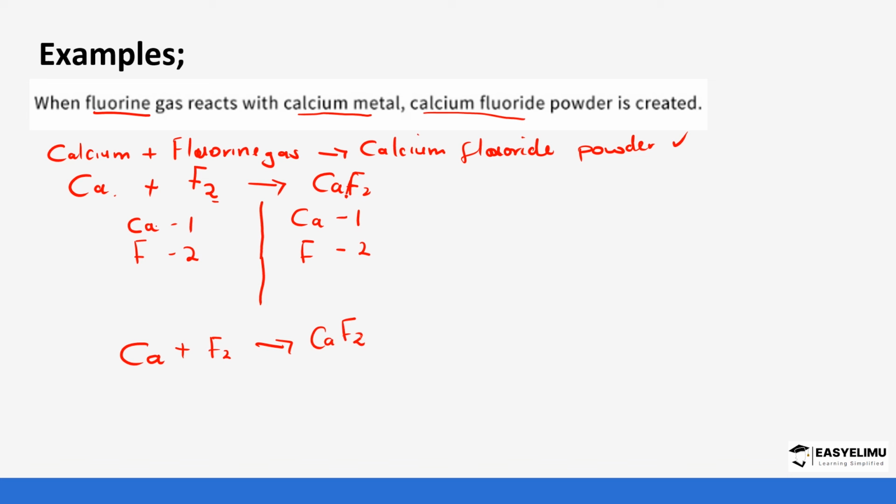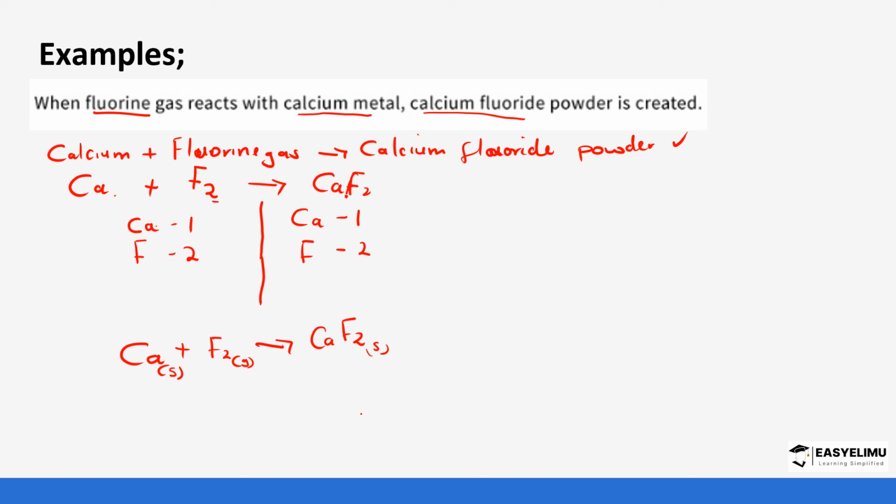But remember, this equation is not complete until it has the state symbols. So we input the state symbols. For calcium, we have been told it's calcium metal. Metals are in solid state, apart from mercury. So calcium will be solid. And then fluorine, we have already been told it's in gaseous state, so we put the G. And then calcium fluoride, we have been told it's a powder, so that is in solid state.